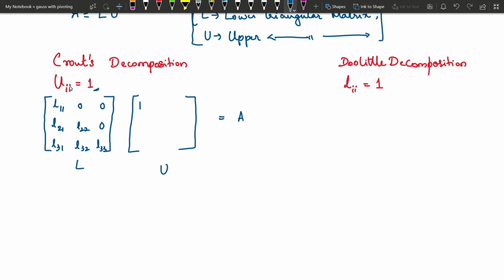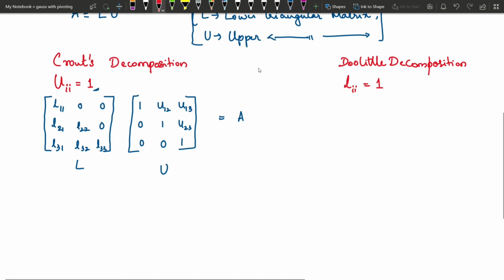For this, lower triangular elements are 0 and diagonal elements are 1. Here the diagonal elements are U11, U22, U33, so you are going to write 1 for them. Then U12, U13, again 0 here, this is 1, this is 1. Basically diagonal elements are 1. So these are 0. So we are going to fill in the other elements, which is U12, U13. This is your second row, U21, U22 and then U23. This is our Kraut's decomposition step.